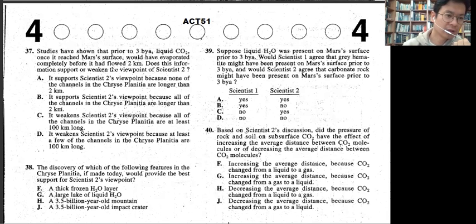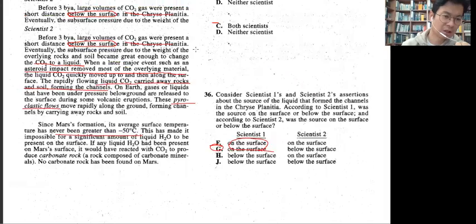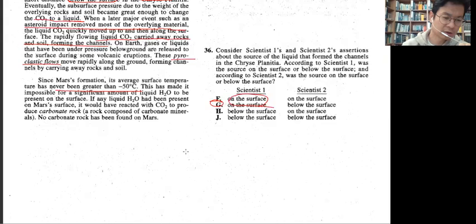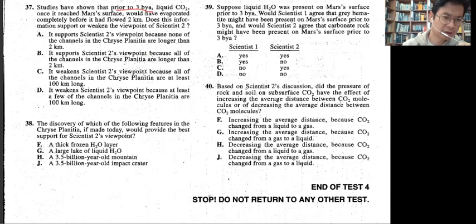Studies have shown that prior to 3 billion years ago, liquid CO2, once it reached Mars' surface, would be evaporated completely before it flowed 2 kilometers. Does this information support or weaken? Weaken, because it doesn't rule out the channel, because 2 kilometers is long enough, because the channel itself is 100 kilometers long. So let me see. We can stick with that, so yeah.